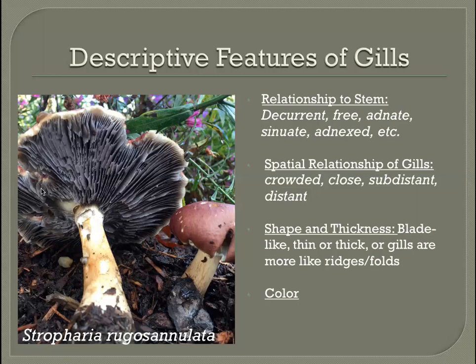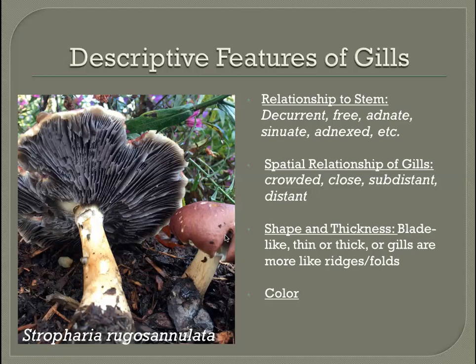They're darkly colored. These are mature as well. So as they age, they change color. So a young mushroom will have lighter colored gills, at least in this species. And then they'll age to like a purple and then almost to a black. Not all mushrooms will do that. Some fruiting bodies will maintain a very similar color over time for their gills.